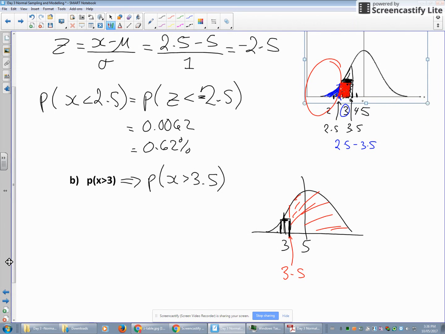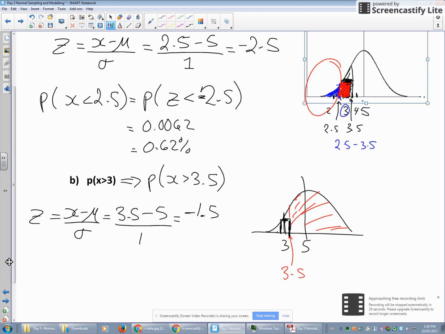So I need to calculate my z-score, assuming a 3.5 value, x minus mu over standard deviation. My x is 3.5, subtract my mean of 5 over standard deviation of 1, and that gives me a z-score of minus 1.5. So now I'm looking for a value above 3.